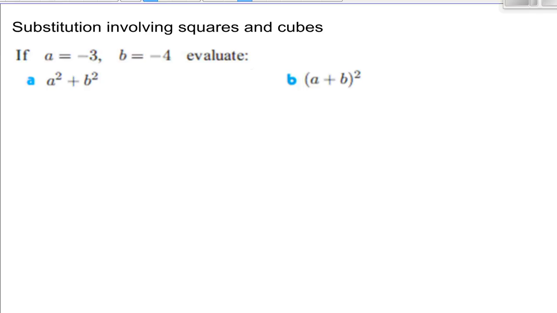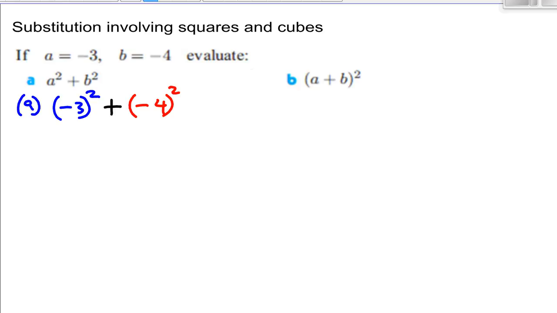Now we are going to look at substitution involving squares and cubes. In the first question, we'll substitute whatever a is and b is in this equation. So we'll have a is negative 3, so negative 3 squared plus whatever b is, which is negative 4 squared.